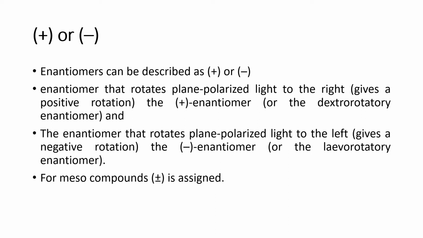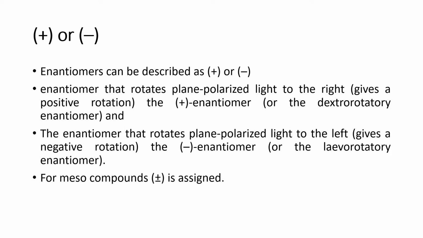If it rotates to the left side, it is called minus. This sign is denoted only for plane polarized light. Remember that this is a denotation only for the plane polarized light.